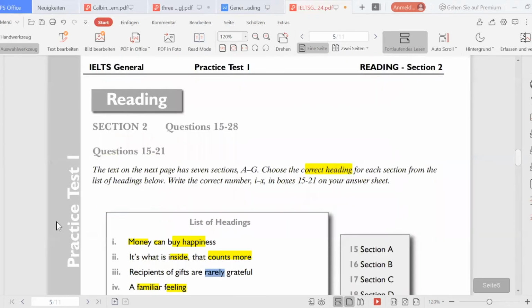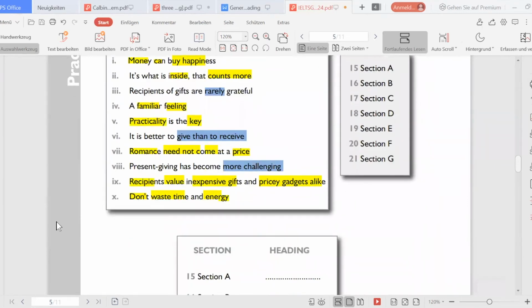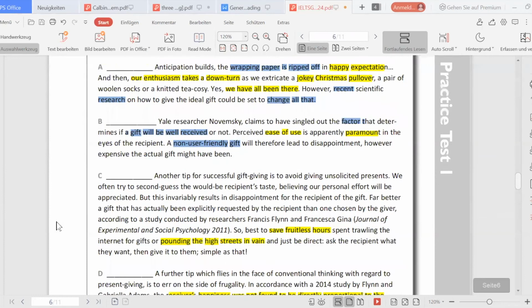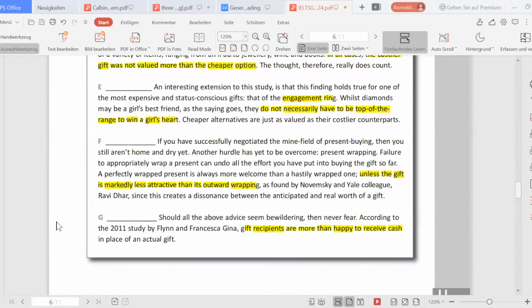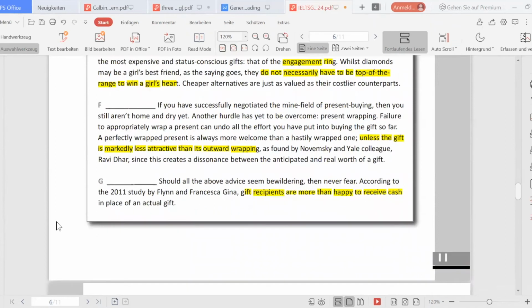In the last section, number 21, which is G, we've got actually only two sentences, so with a two-sentence paragraph, you shouldn't waste a lot of time on it. Gift recipients are more than happy to receive cash in place of an actual gift.